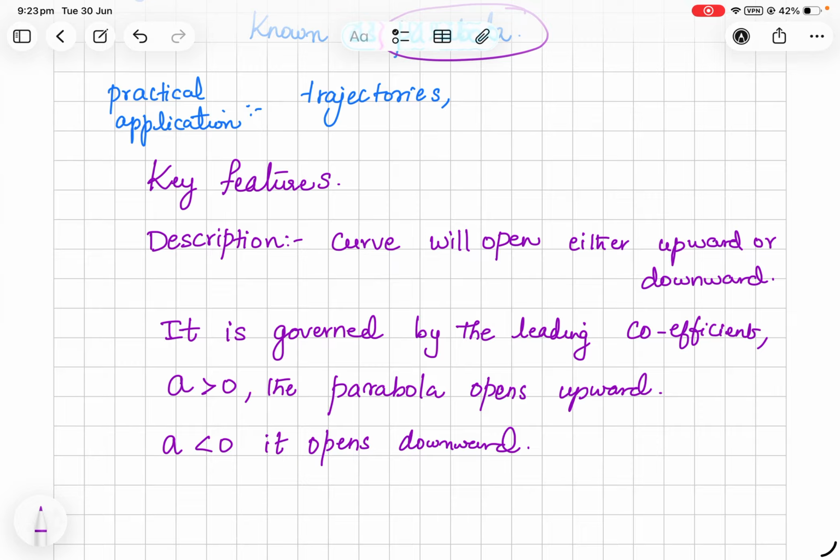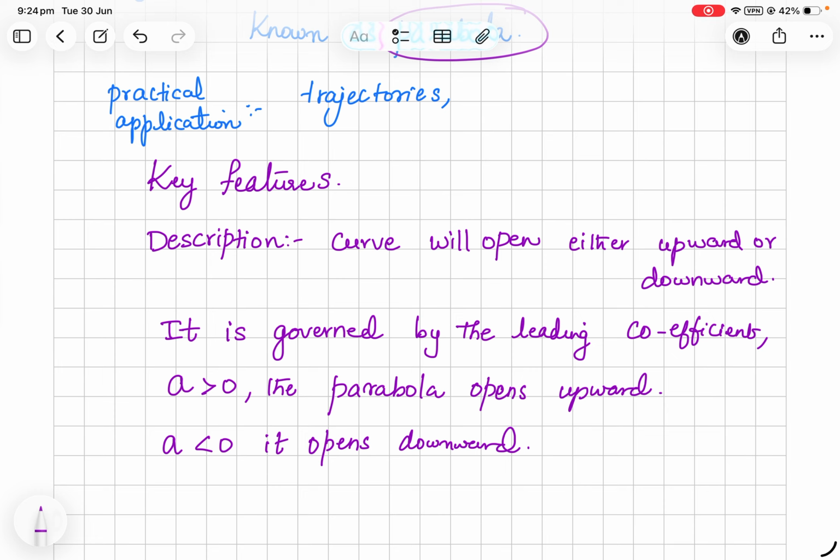This is entirely a different topic, but for now I'm just touching the key features and revising. So this video would be quite helpful for students who have already done a couple of examples of quadratic equations and are trying to revise or create a cheat sheet for their exam preparation.